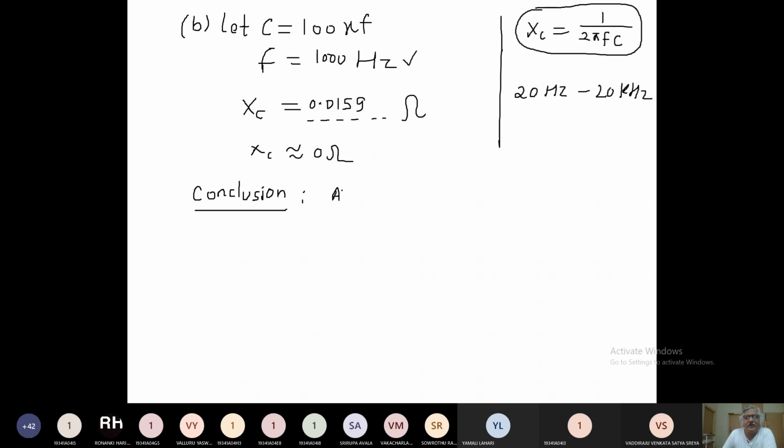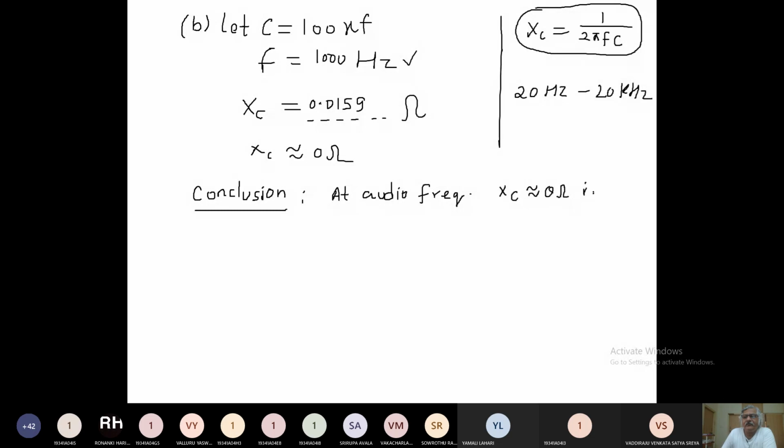So here you can say at audio frequency, Xc is approximately 0 ohm, right?